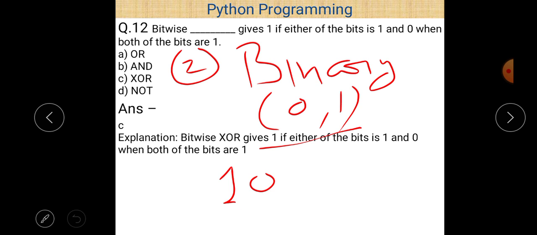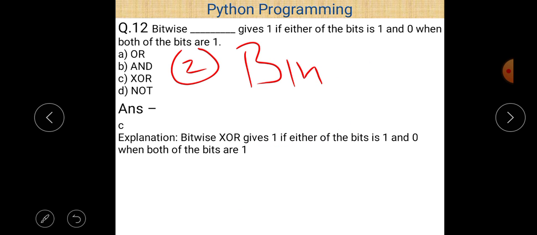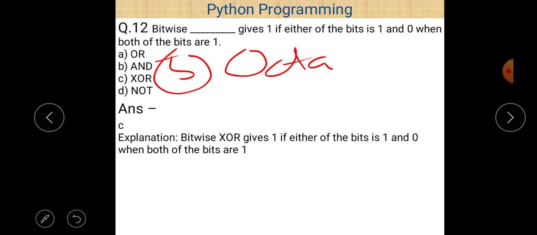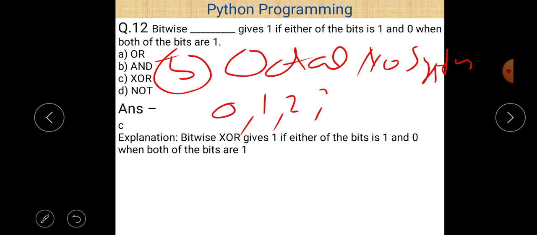The next number system is the octal number system. The third number system is the octal number system. In the octal number system, as the name suggests, 8 digits are used, and these digits are 0, 1, 2, 3, 4, 5, 6, and 7.